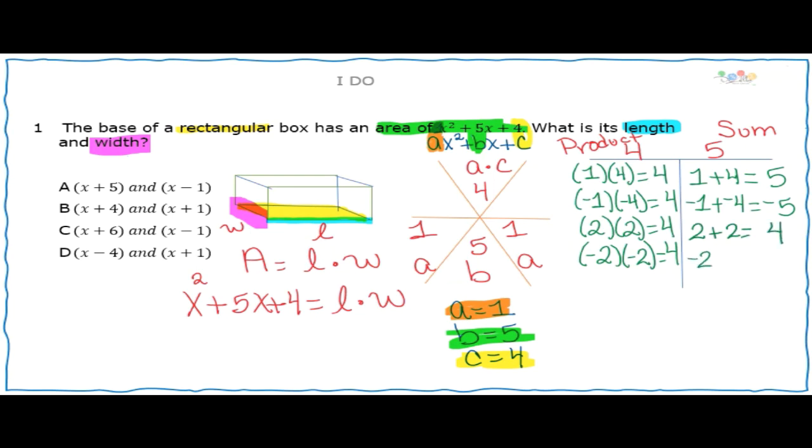And negative 2 plus negative 2, I get a negative 4. So yes, it seems we got the right factors. I was looking for a positive 4 and a positive 5. Those are my two answers.